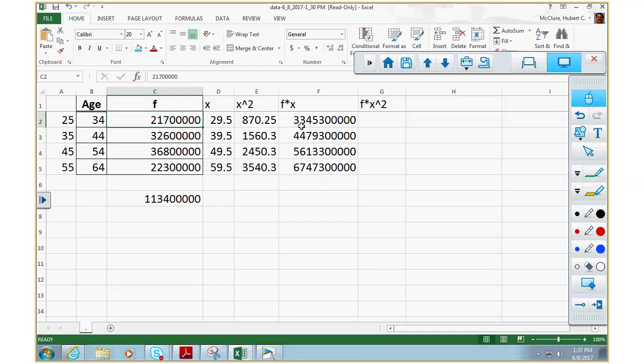That'll be equal to this times this. And then F times X squared.